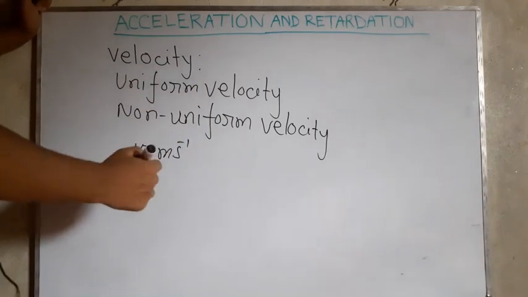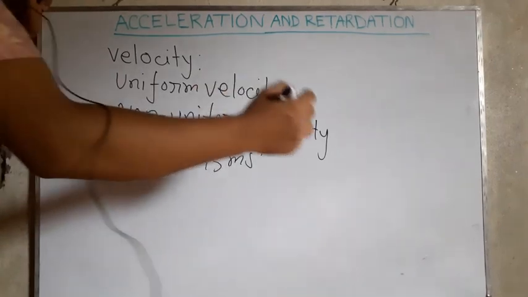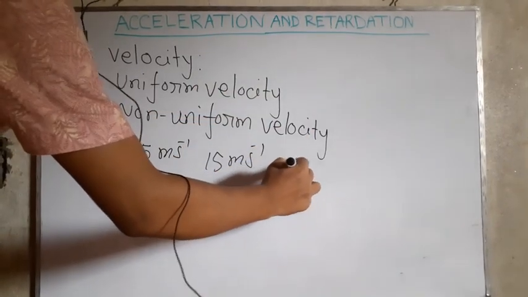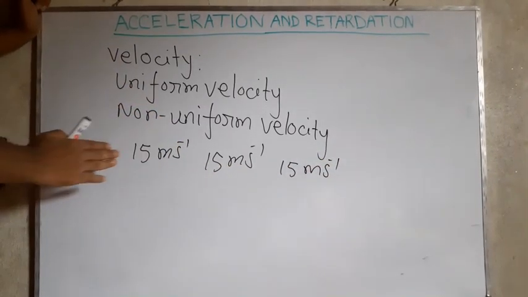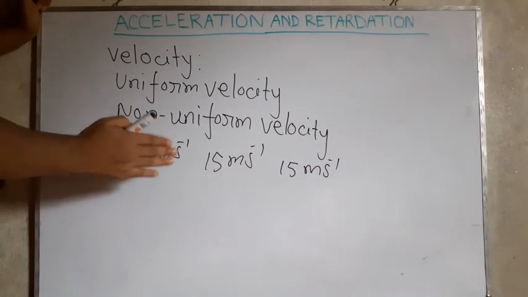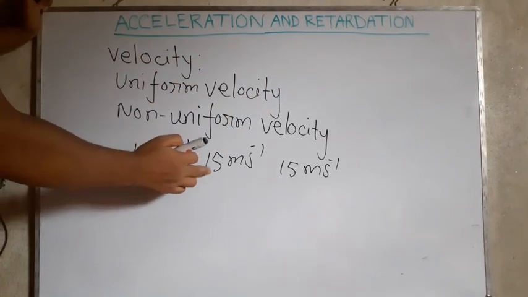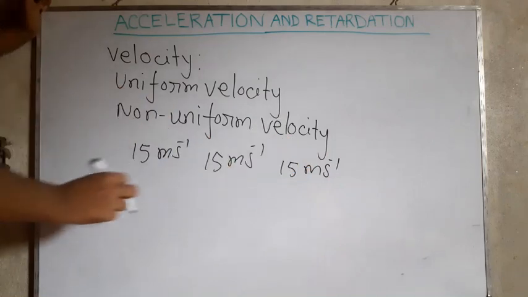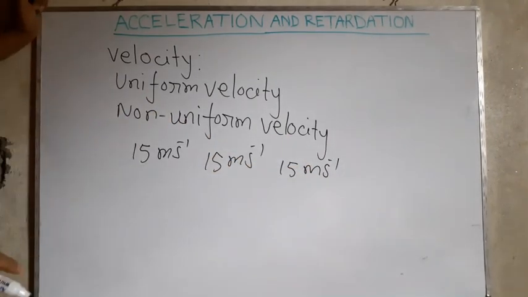After 1 second, it is 15 meter per second. After 2 seconds, 15 meter per second. That is, the velocity is always constant. This type of velocity is uniform velocity.